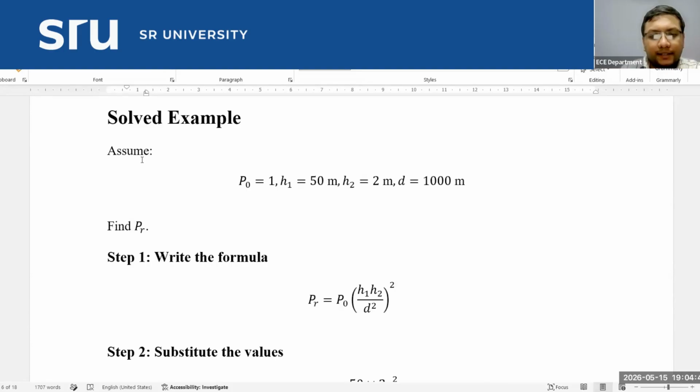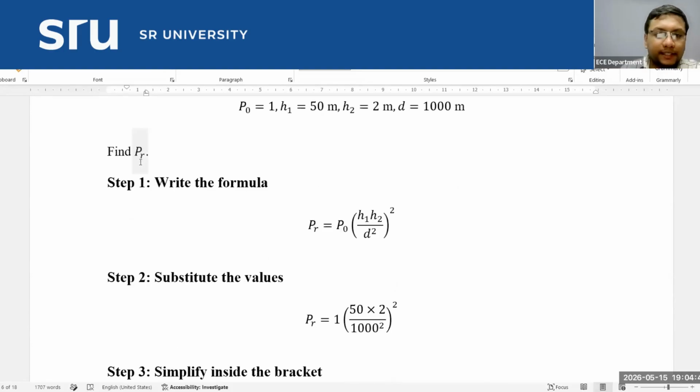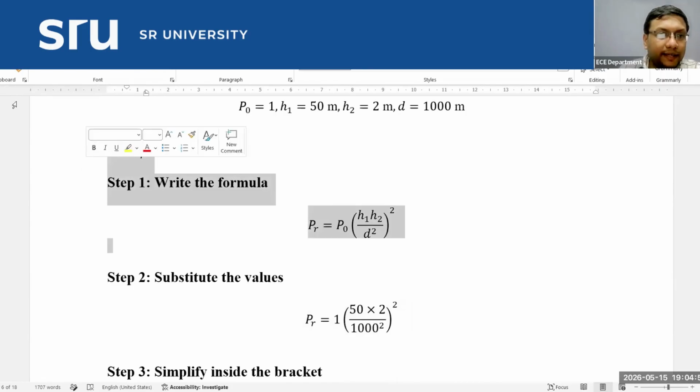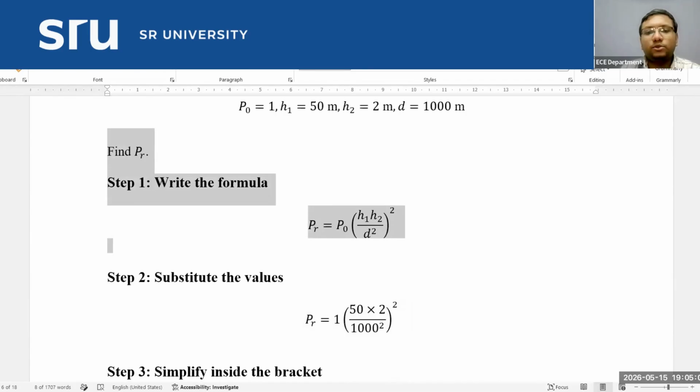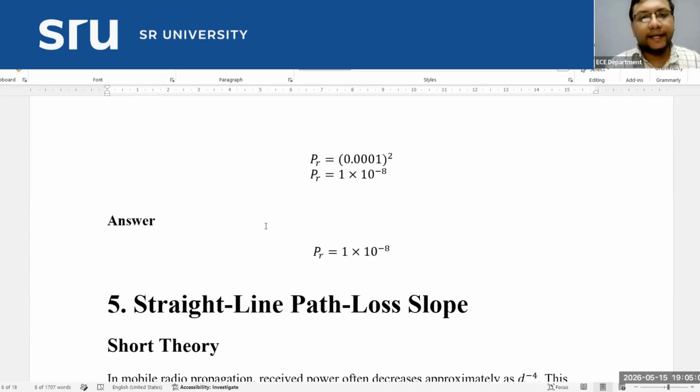So received power PR is equal to P0 into H1 H2 divided by D square, whole square. So if I substitute the value, then we get 1 into 10 to the power minus 8.